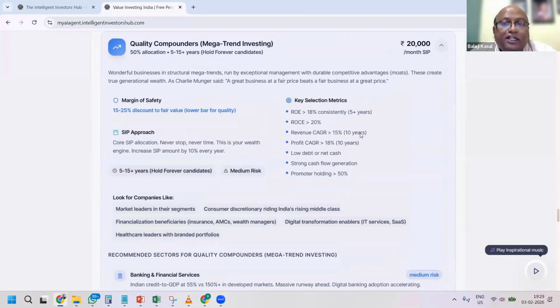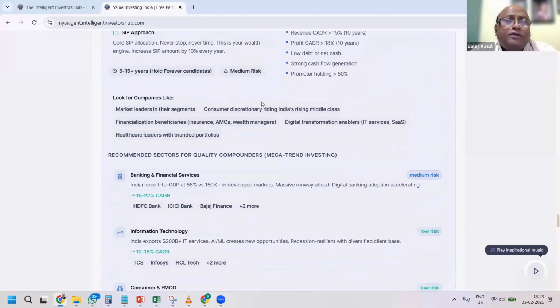Again, some criteria: return on equity should be more than 20% over the last 5 years plus, return on capital employed more than 20% and so forth. Right? It is also giving medium risk, and typically look at 5 to 15 years and so forth. Look for companies like market leaders in their segment, which are more stable, or small to mid cap, growing toward stability, or some near to the leadership in that segment.